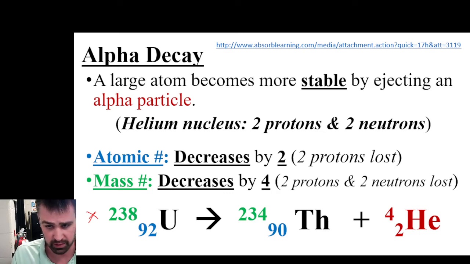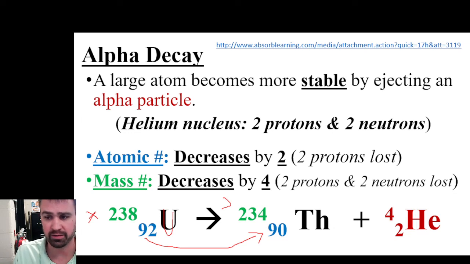So what you need to notice is that this uranium that you see here went from a mass of 238 to 234. But also, it went from a number of protons of 92 to 90, okay?